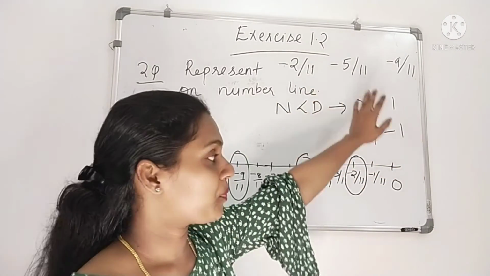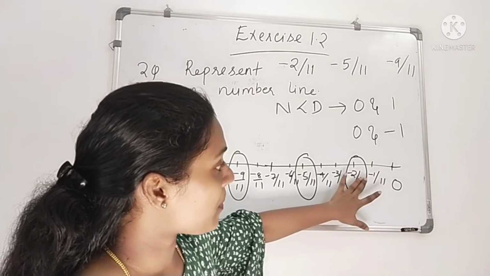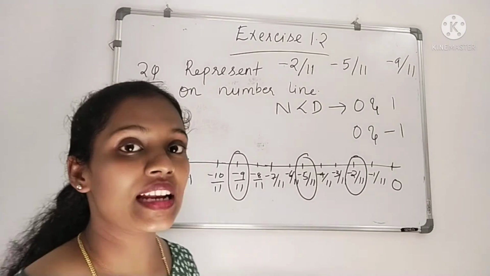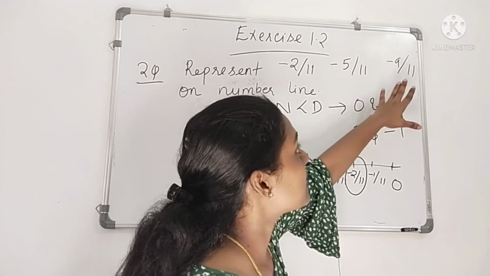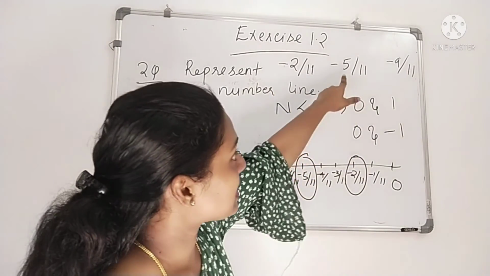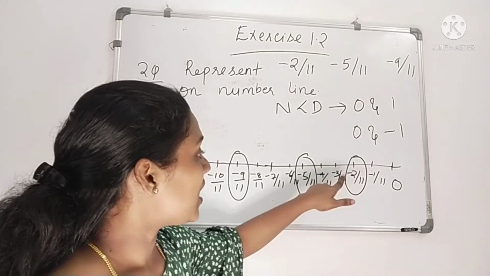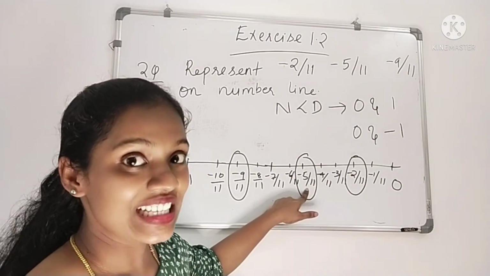Now what is our number? Minus 2 upon 11. So where is my minus 2 upon 11? Here, right? Because minus 1 by 11, minus 2 by 11 up to minus 10 by 11 I have written. Now you have to check whether these numbers are coming on this line or not. So minus 2 by 11 means here. Next is minus 5 upon 11, right? So minus 3 by 11, minus 4 upon 11 and minus 5 upon 11 is here.